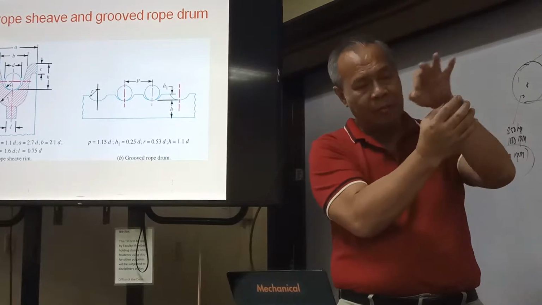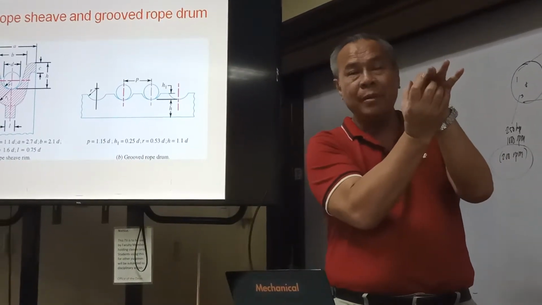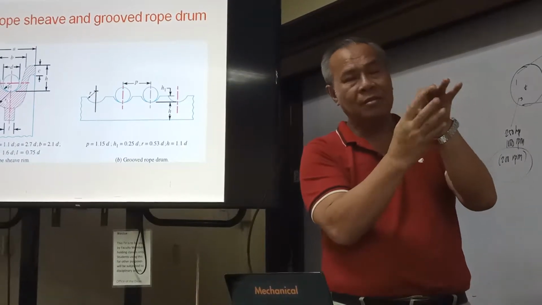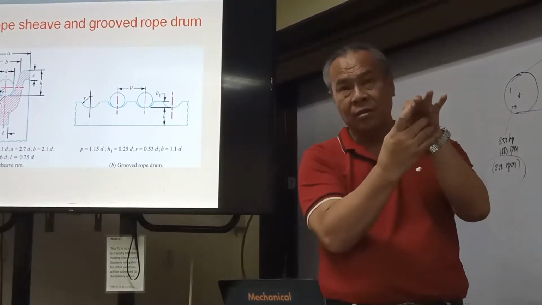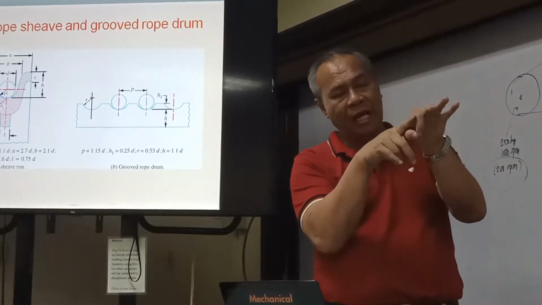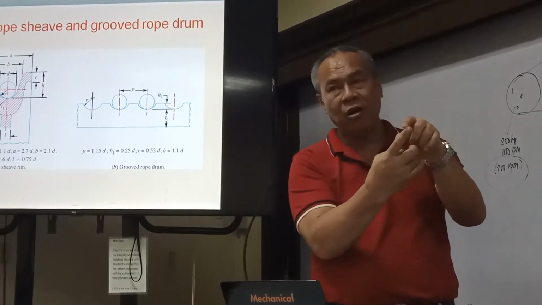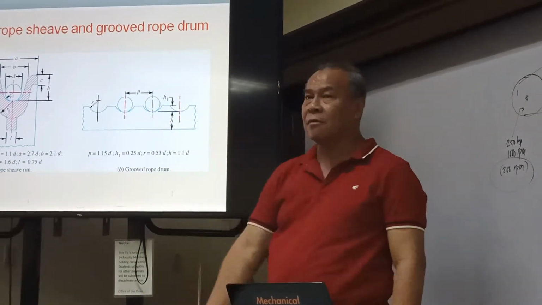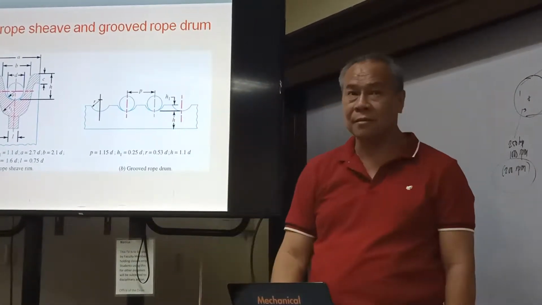So, ibig sabihin, habang gumagana siya, naiipit masyado yung wire natin. And pag masyado naiipit nito, usually doon ang tinatawag natin na failure. So in order to prevent that, you should see to it that 1/2 of the wire diameter should be accommodated within the groove that we have. Tinatawag natin na groove. And these are more or less the dimensions that we will be having.